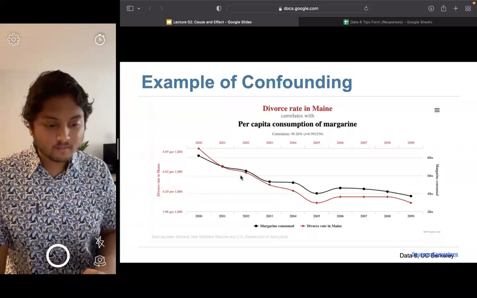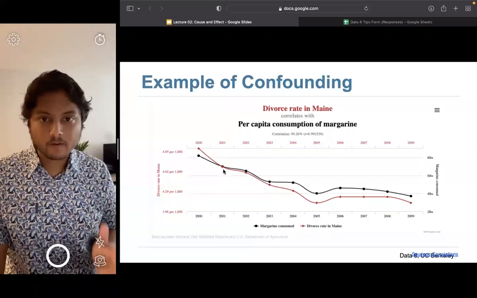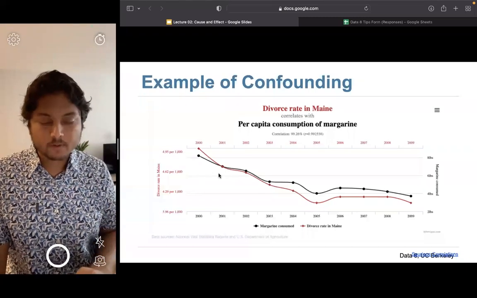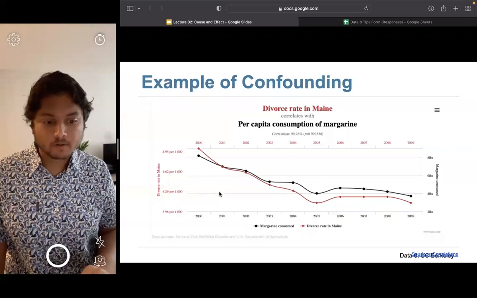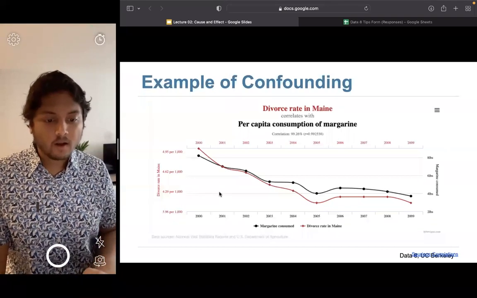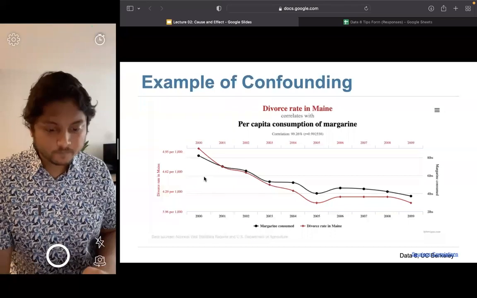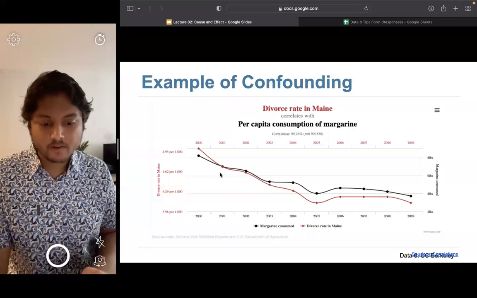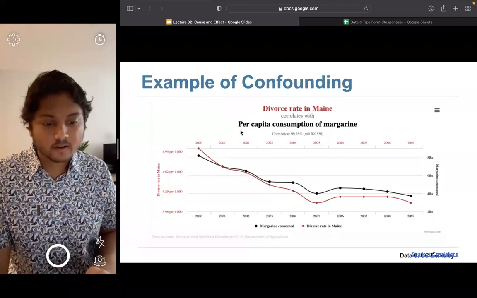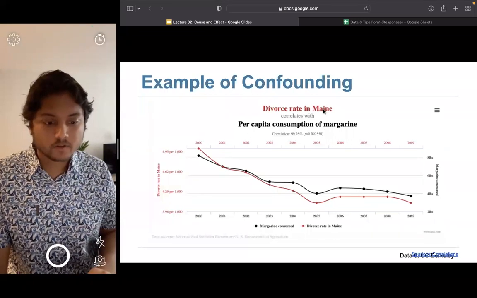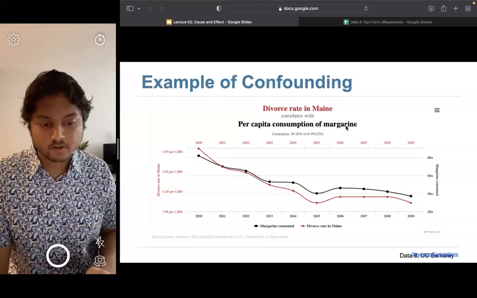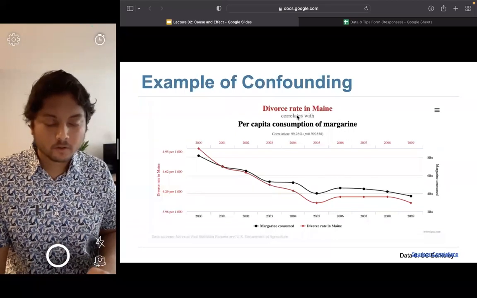It's interesting, but you have to think about what the difference is between two different groups. In this case, the different groups are almost like years, because we're saying these have a correlation over time. So let's suppose margarine is your treatment, and the outcome is divorce rate.